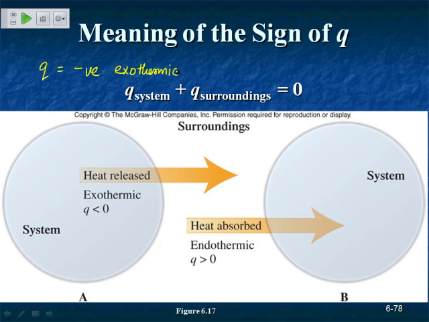That amount of heat is released to the atmosphere. And the opposite, if Q is greater than 0, or if Q is positive, then it is an endothermic reaction. So from now onwards we will focus on the sign of Q and we will say which one is exothermic and which one is endothermic.